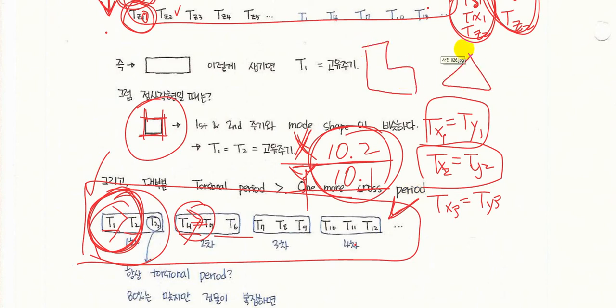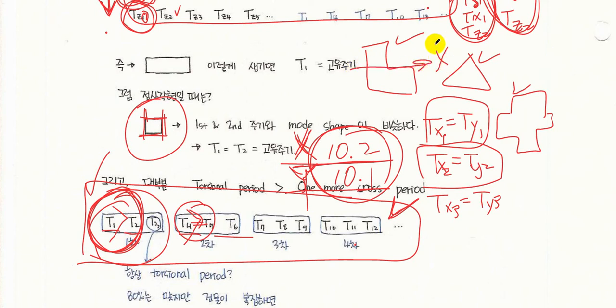Some buildings are even complicated, right? I don't know, maybe it depends on the property line of the land. Now in this case, it's very hard to define a clear cut between the periods. So some periods are combined here.